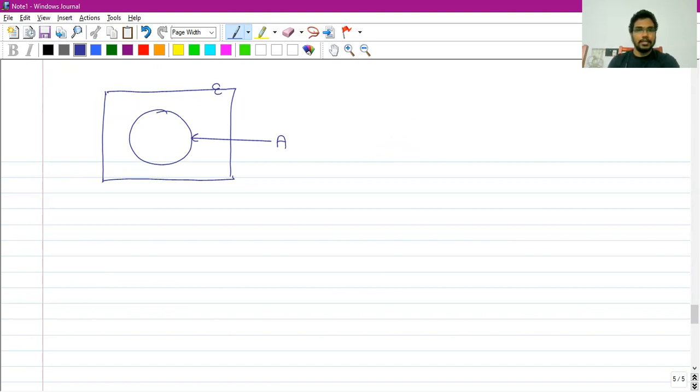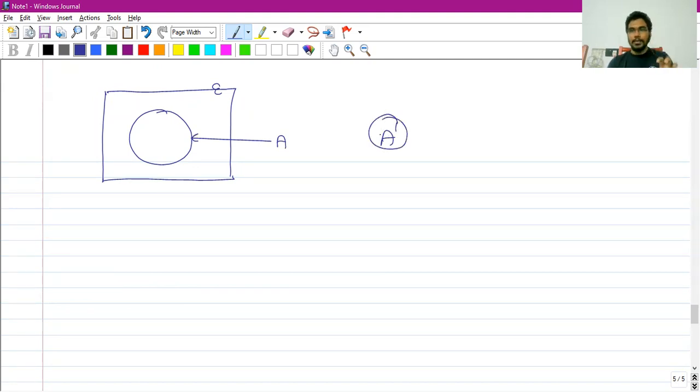So you can see here this circle shows all the elements which belong to set A. But here A dash means the other one, the opposite one.